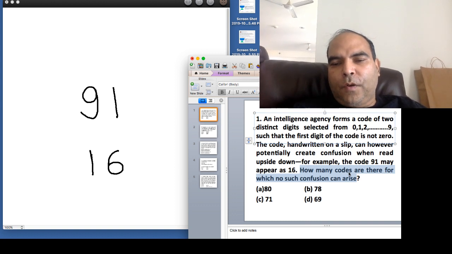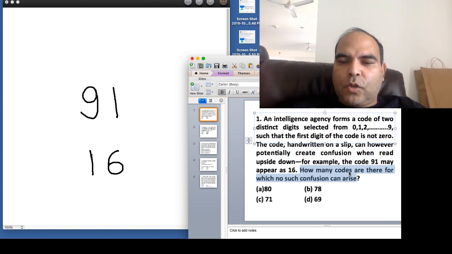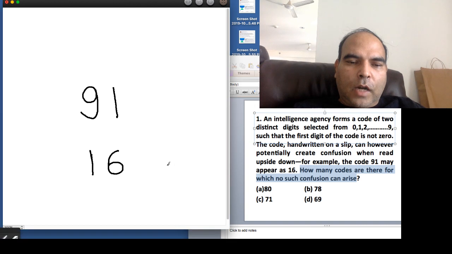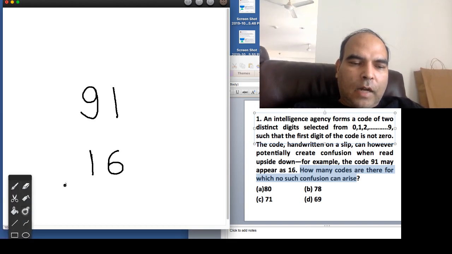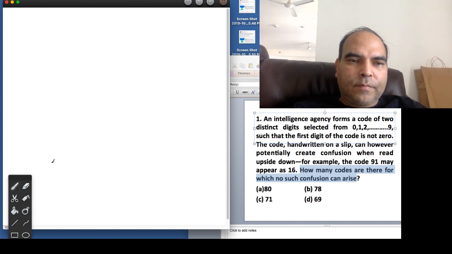First of all, because it's a 2-digit code, you start off by thinking that there are 90 such codes starting from 10 to 99.